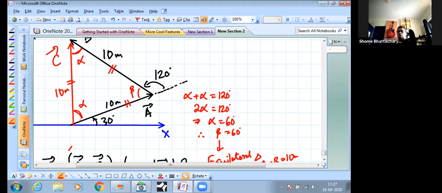Further, you can see that this total angle will become 90 degrees because alpha is coming out to be 60 degrees. So that becomes your answer.